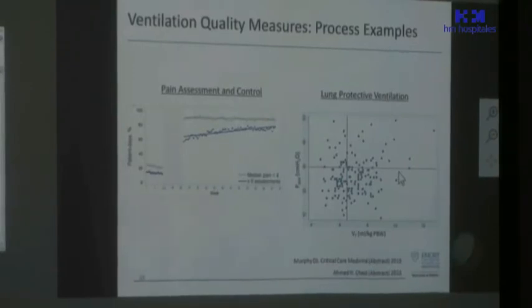So presumably, we need to be able to look and see how are we doing with setting our tidal volumes, and then how are we doing with adjusting our tidal volumes in response to elevations in plateau pressures. So this can help to drive change and help our clinicians on the front line evaluate what is our actual performance for these processes of care.